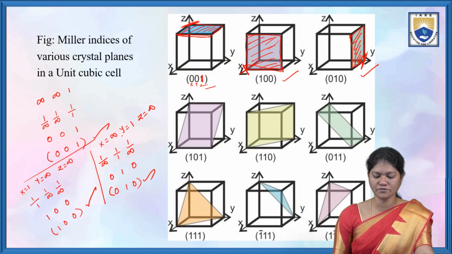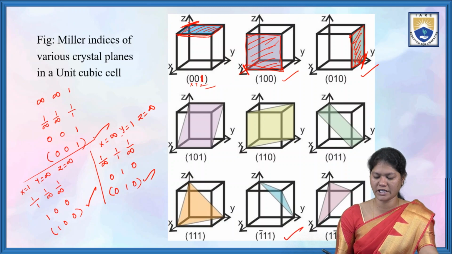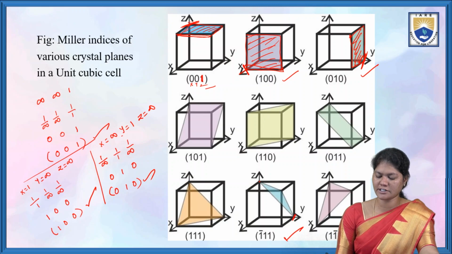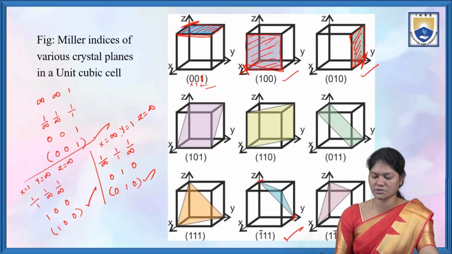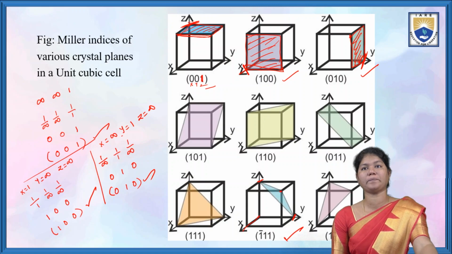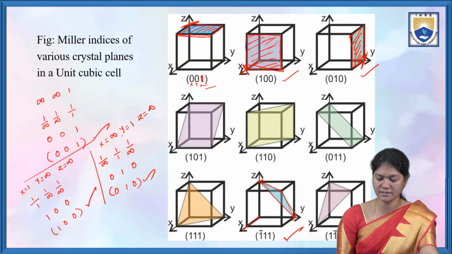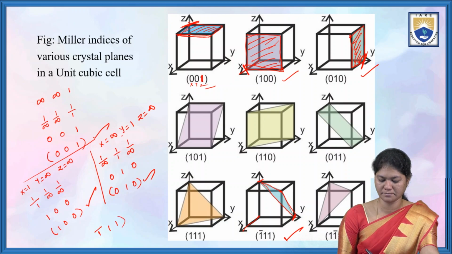For negative axis, we can take this diagram. Here the interceptions are: on y there is an interception, on z also there is an interception, and x is intercepting inwardly. So the Miller indices representation of this crystal plane is 1 bar 1 1.